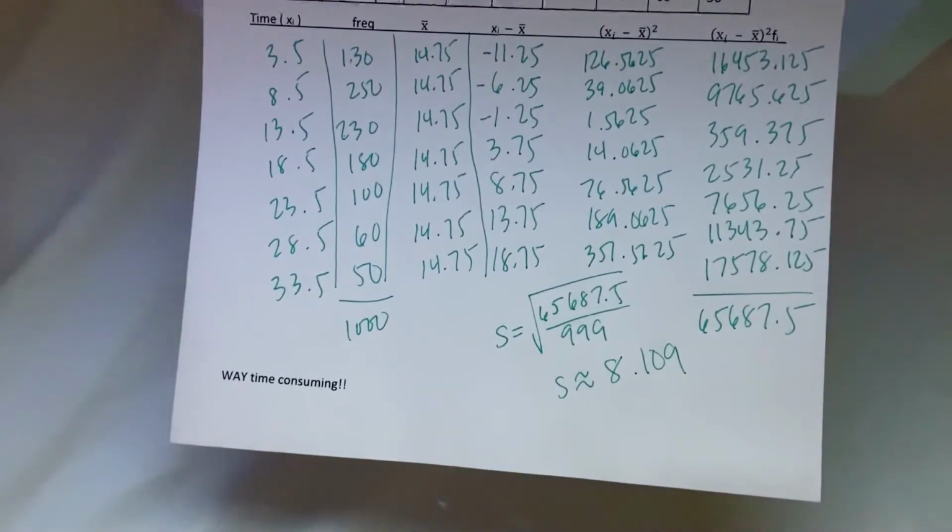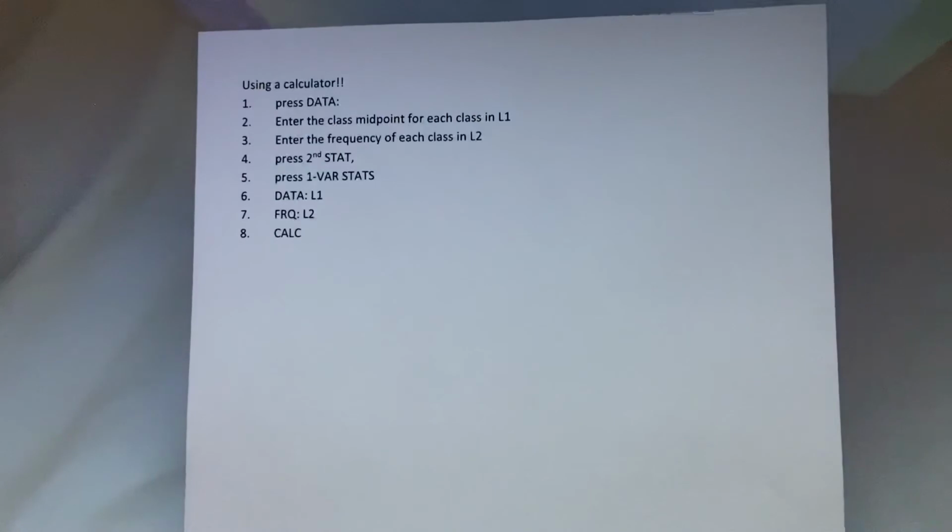Now, that's fun and great and wonderful and clearly time consuming, because even with just 7 entries, it took almost a whole 10-minute video. On the next page, this is how you do it with your calculator. This should be for the TI-30XS. Press data, enter the class midpoint, which you have to calculate yourself, and the frequency. Then second stat, press 1-variable statistics, your data be L1 and your frequency be L2, and calculate.